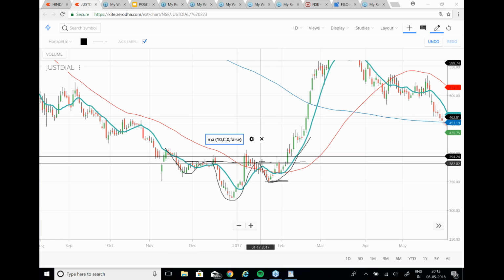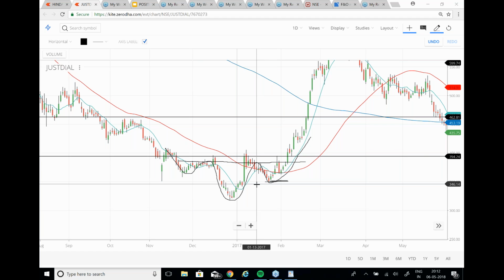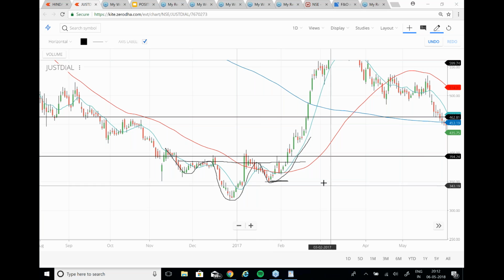Our entry will be 385, 35 points. Of course, it is going to be a 10% stop loss. It's quite a huge stop loss that we are having, but profits are also going to be very, very huge. Like from 394, it has gone to 620, almost about 70-75% up.